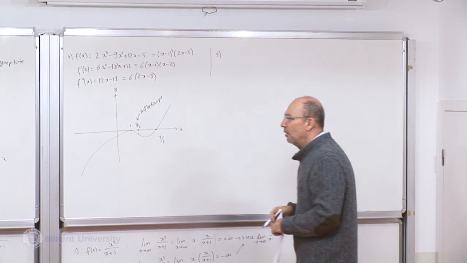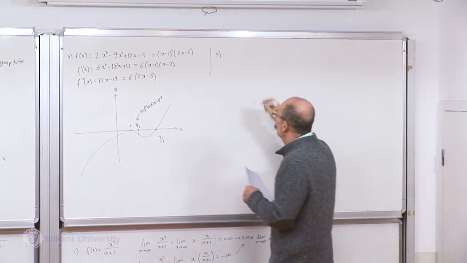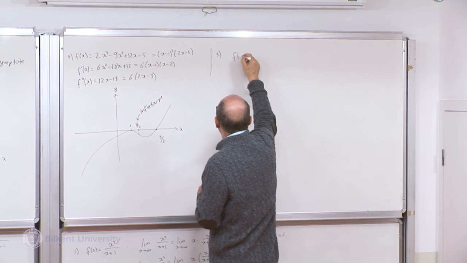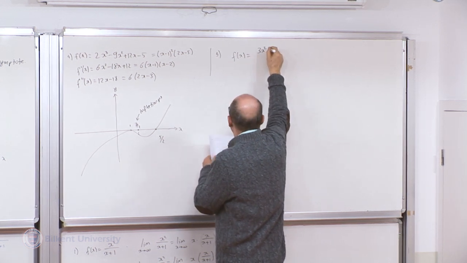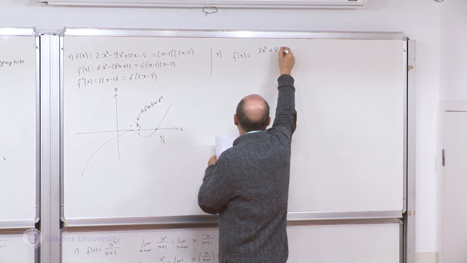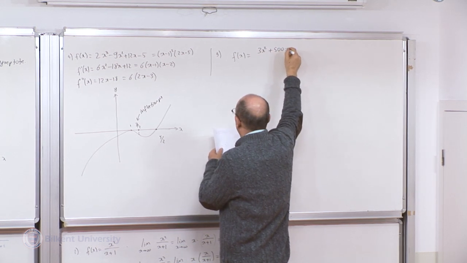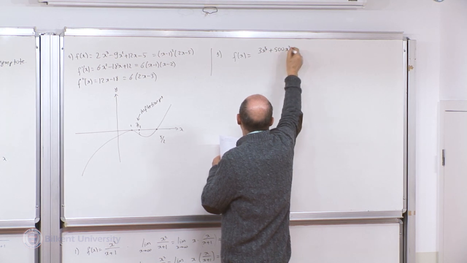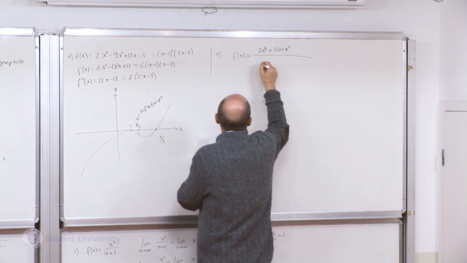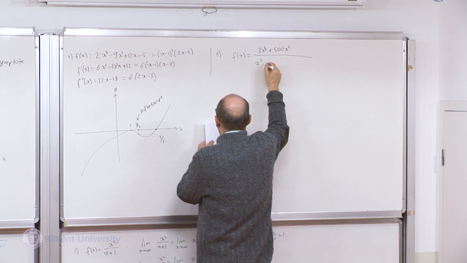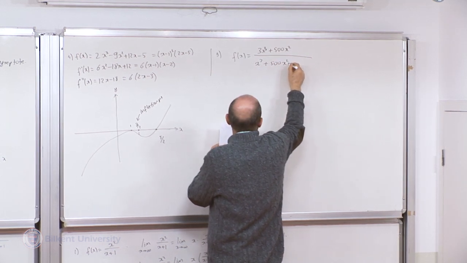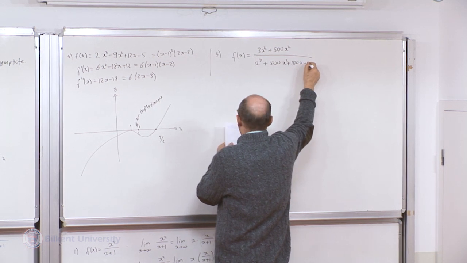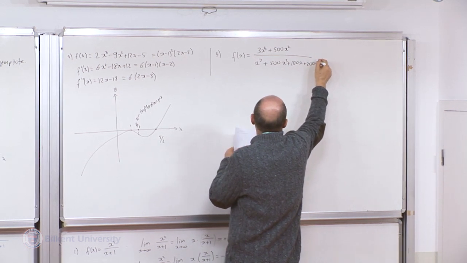But with this one, you don't get any expectation because the numbers are strange. It is 3x squared plus 500x over x cubed plus 500x squared plus 100x plus 2000.